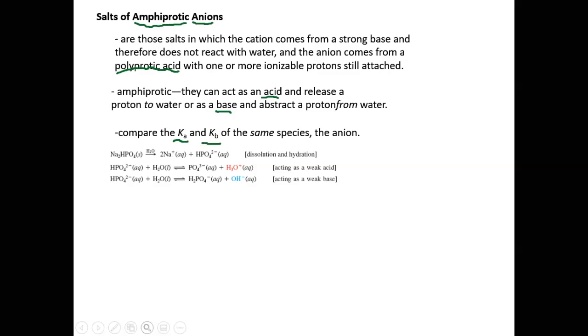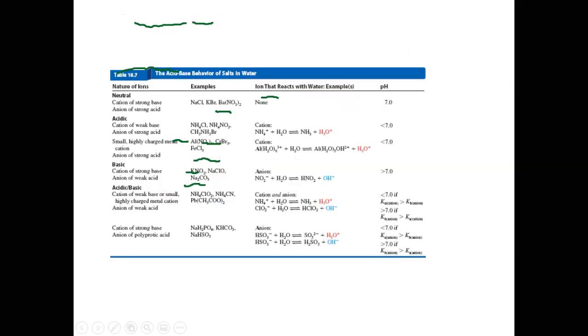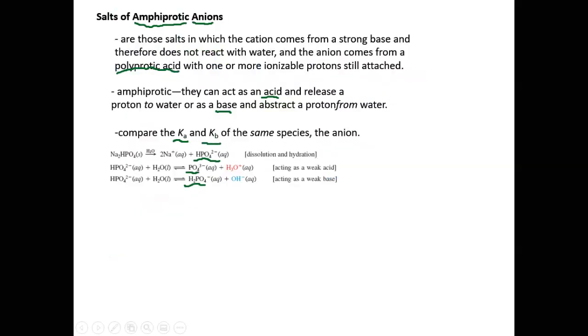So if we have sodium hydrogen phosphate, we form hydrogen phosphate. And hydrogen phosphate can do two things. It can lose a proton, so it acts as a weak acid, or it can gain a proton, so it acts as a weak base. So you would have to look at which one is bigger.